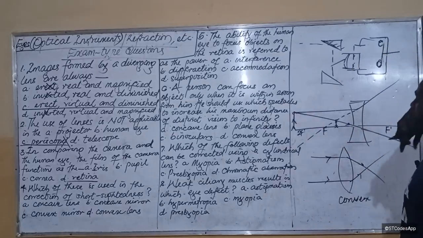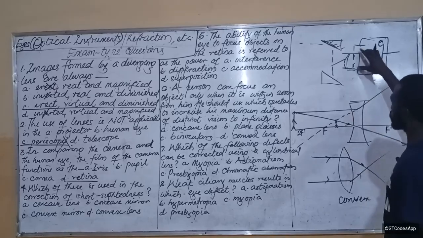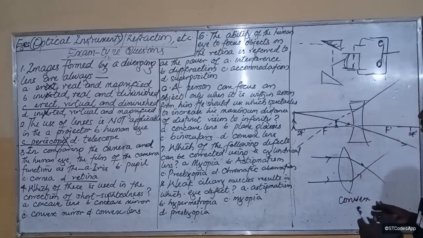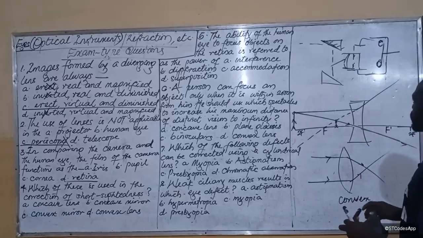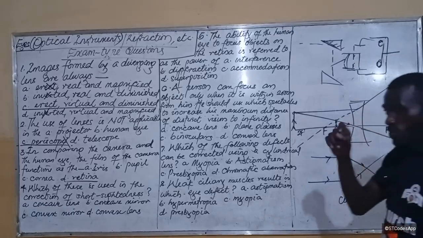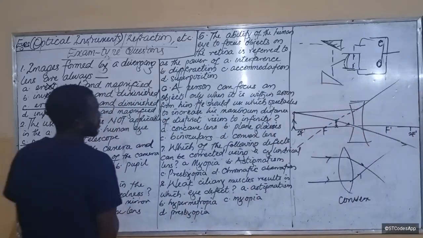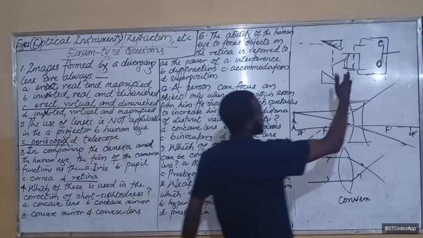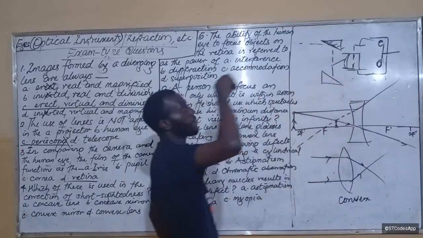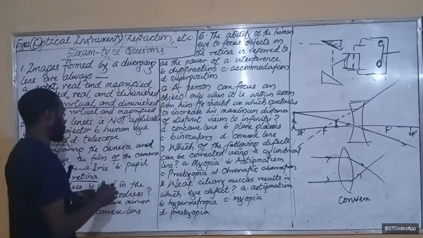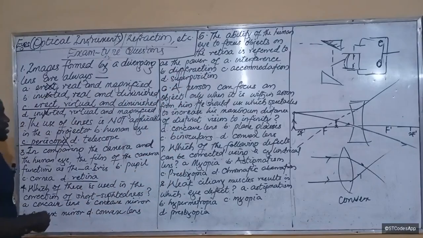Is that clear? So then the shutter here is the one that controls the length of exposure to light. While the diaphragm is the one that controls the amount of light. Okay, so that would be the pupil.